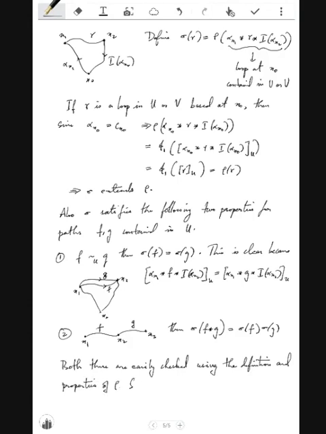Similar assertions hold for F and G contained in V.